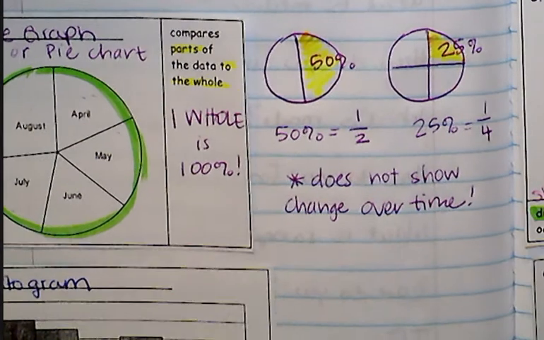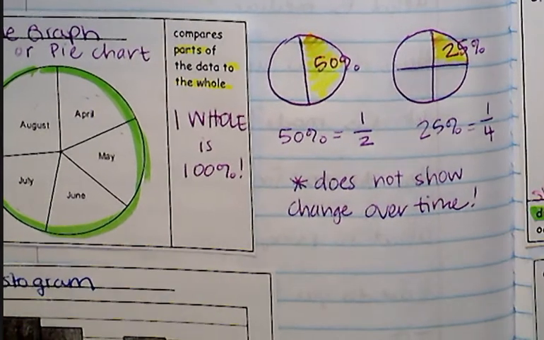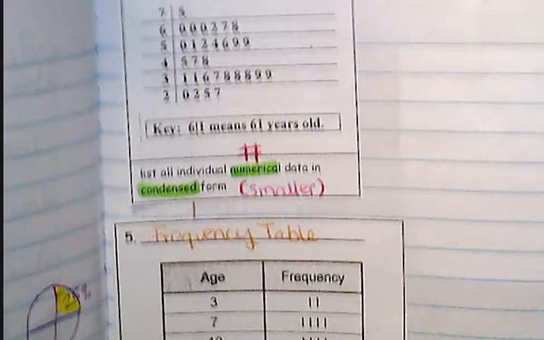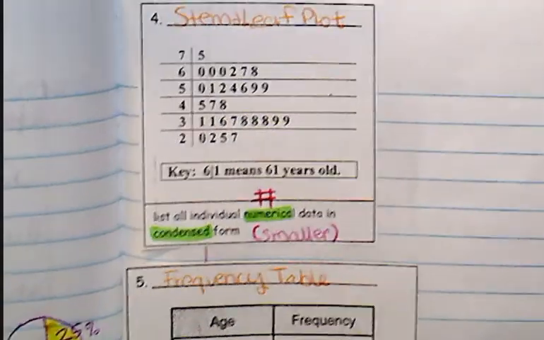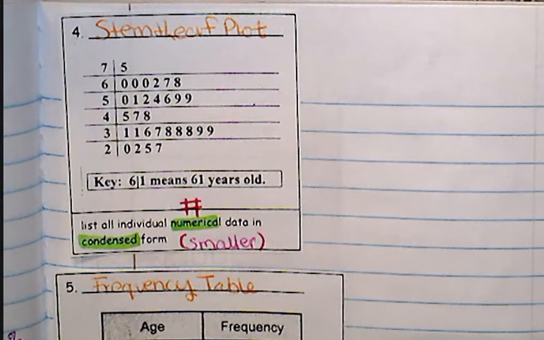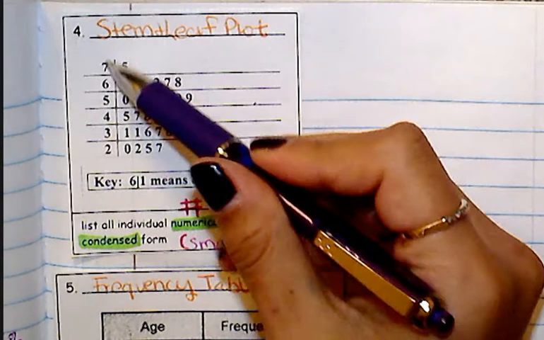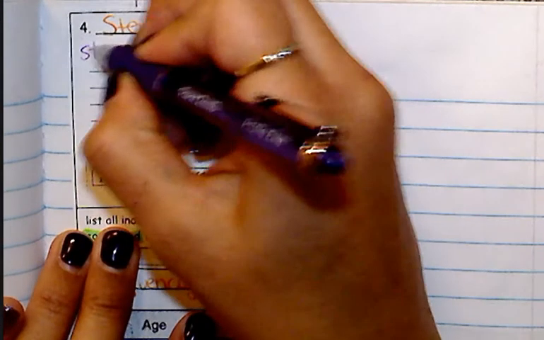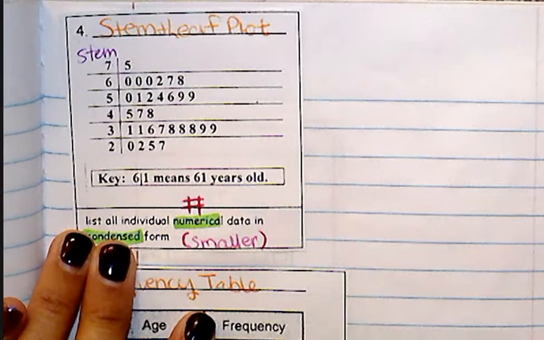Okay, next one. Let's do stem and leaf. Okay, we have a stem and leaf plot. Now, all of those numbers to the left of that line are called the stem, and all the other numbers are called the leaves.